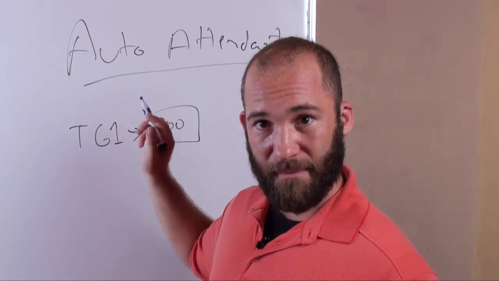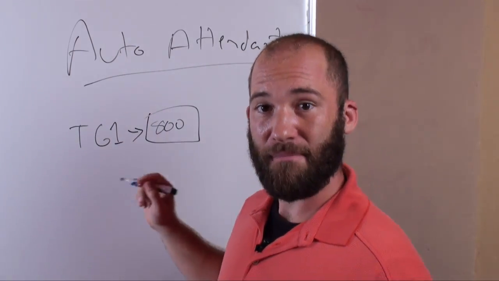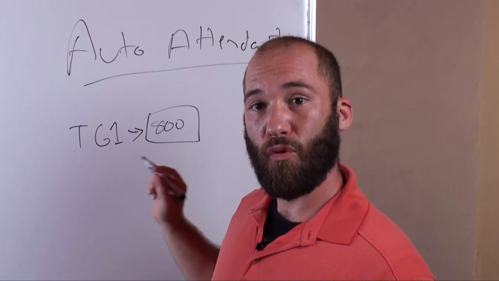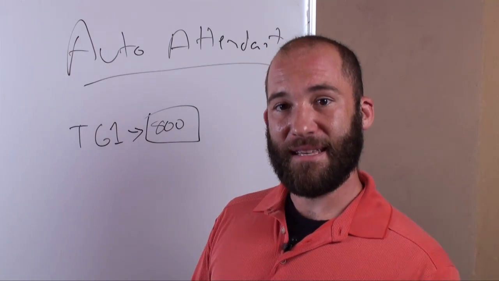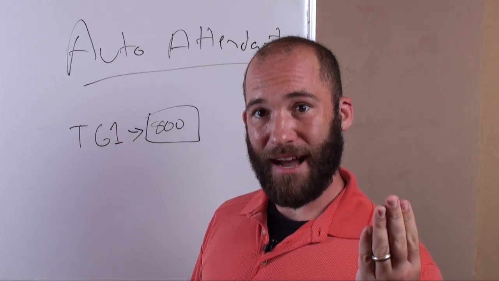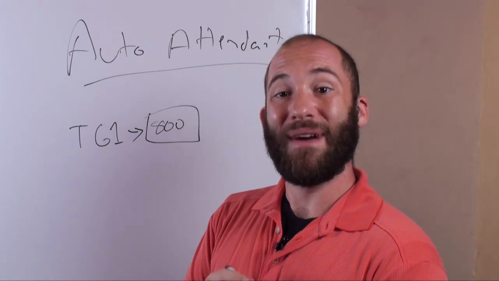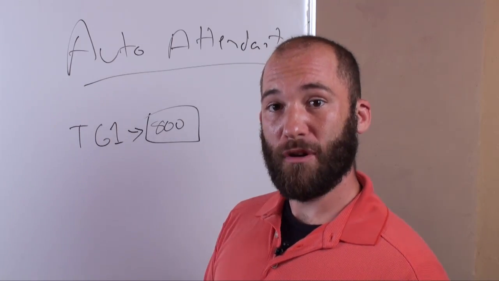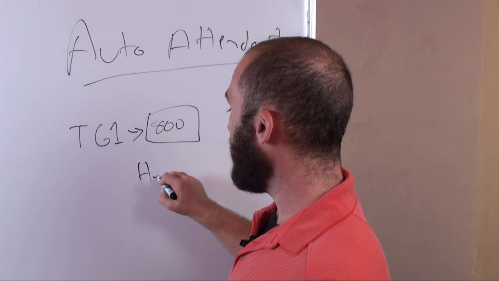Now, the first thing when you're dealing with your auto attendant that you'll be able to program into the system is during business hours and after business hours. So inside your PBX, you will be able to program in your hours of operation.